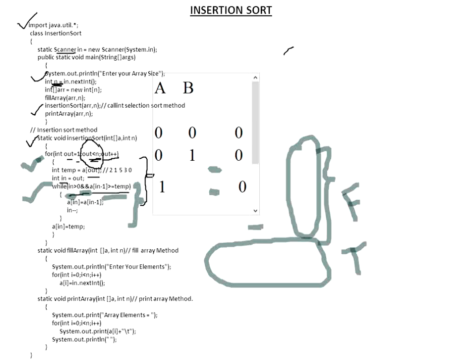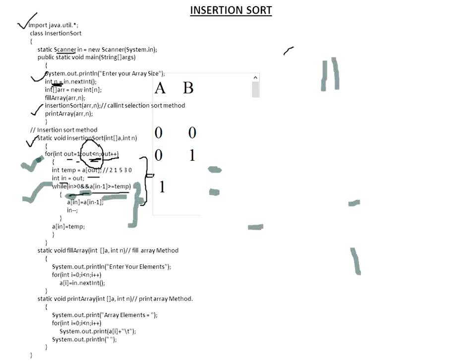If any of the conditions is false, the output is false, and the loop will not execute because we have used the AND operator over here. Okay, and if we use the OR operator, can you tell me what will be the output in case of OR operator?